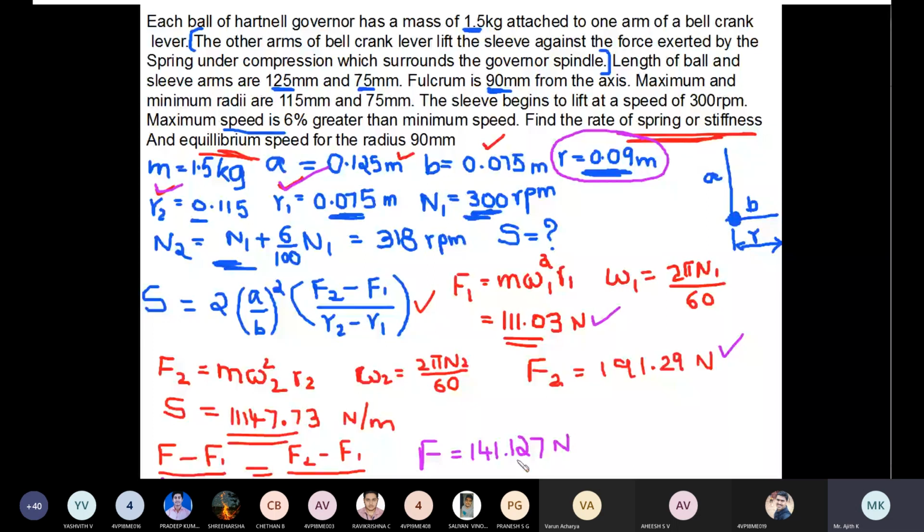But what exactly you have to calculate? The question is not to calculate the force. The question is to find out the equilibrium speed. Equilibrium speed means n value.